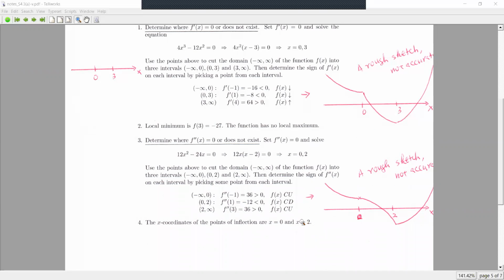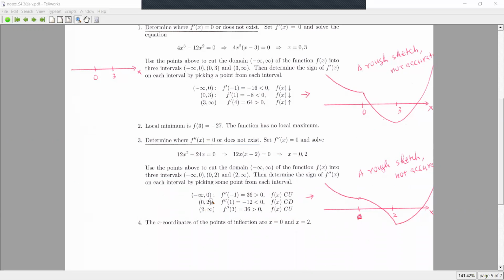The domain of the function f is negative infinity to positive infinity, the whole x-axis. Now 0 and 2 cut the x-axis into 3 subintervals. Now let me determine the sign of the second derivative on each of these 3 subintervals.